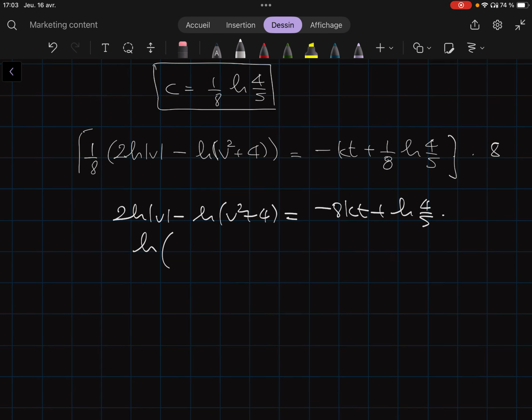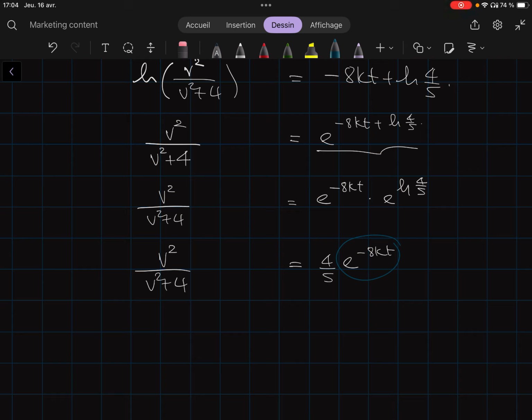In other words, we should have this. Notice that e to the ln of 4/5 is simply 4/5. Now we have obtained an expression that is actually part of the solution.